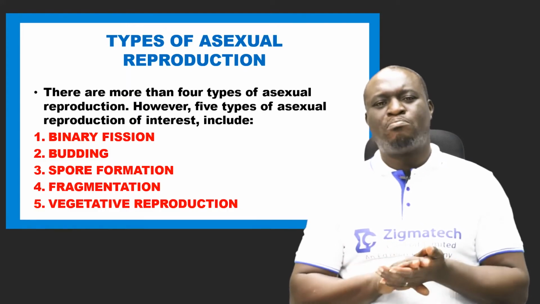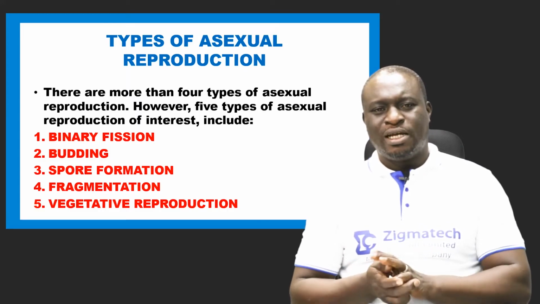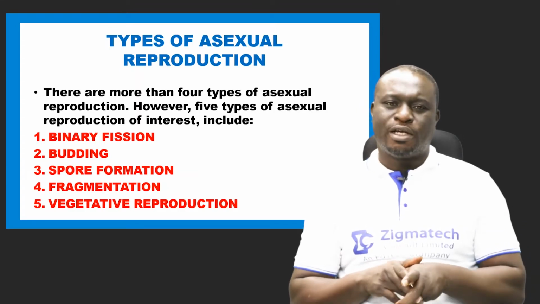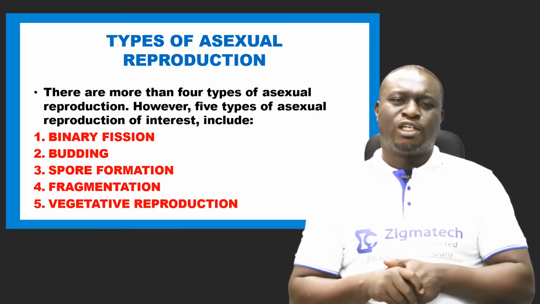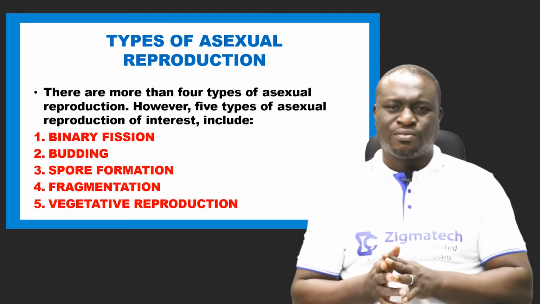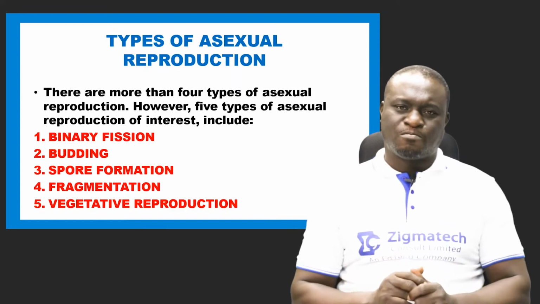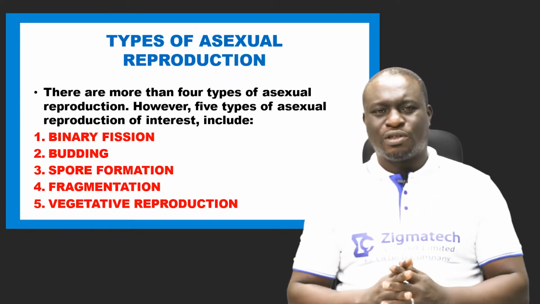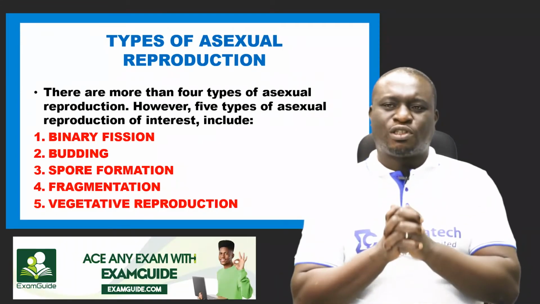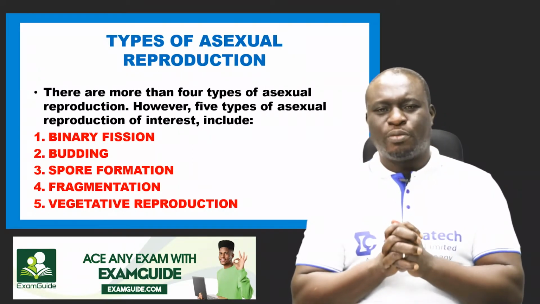Number 2 is budding. Number 3 is spore formation. Number 4 is fragmentation. And number 5 is vegetative reproduction. These are the 5 types of asexual reproduction we are going to be considering.